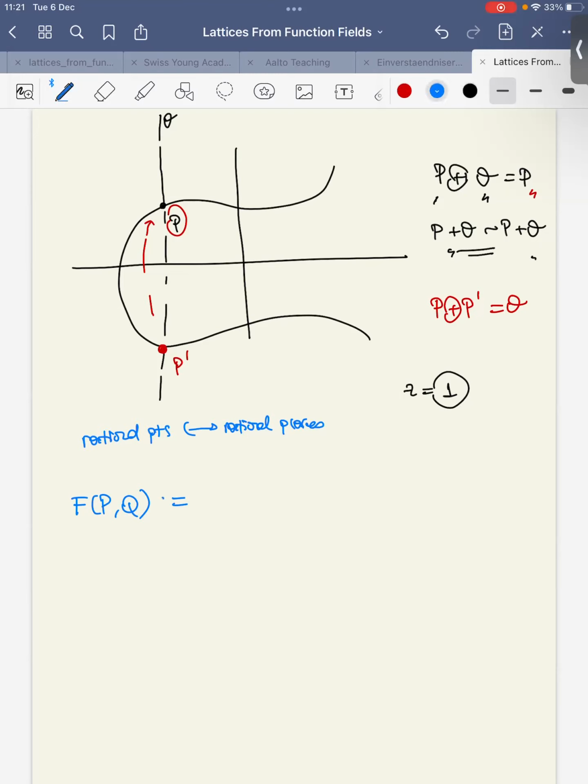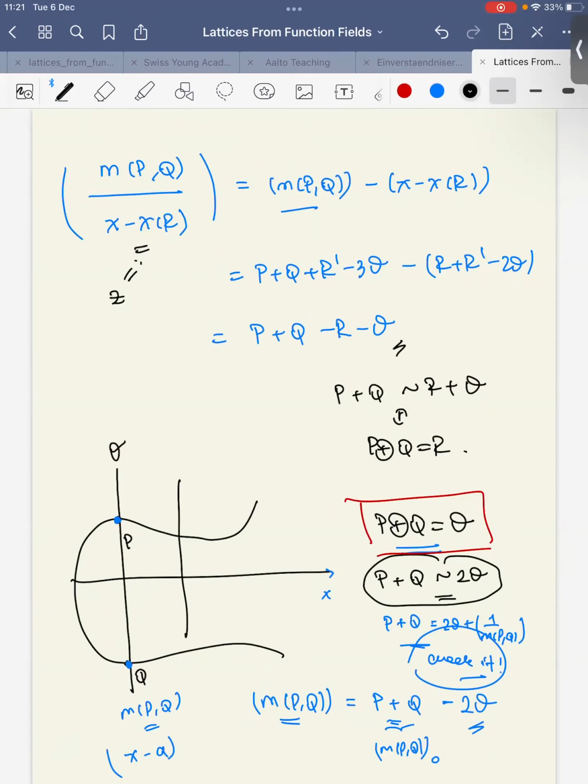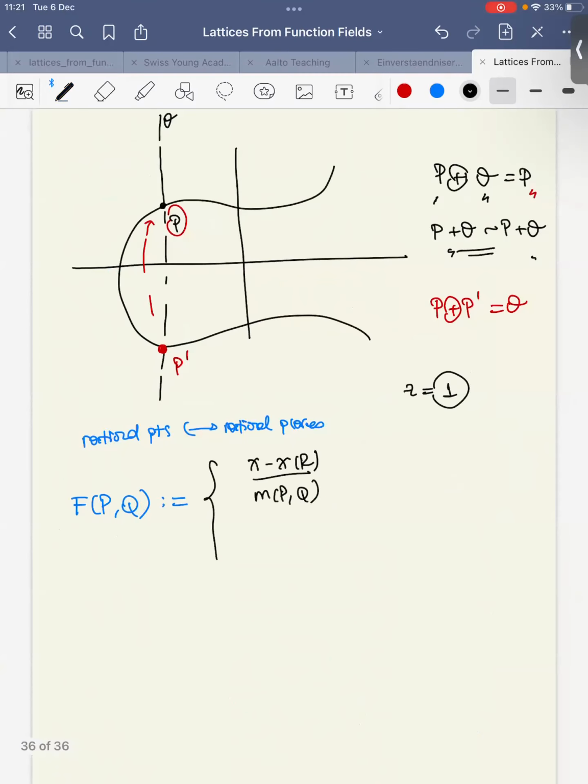And we will set this function f by looking at the fractions, or the inverse of this type of fraction. So you are just changing the sign of the divisors when you look at 1 over z. But I will follow the notation which is given in this paper.